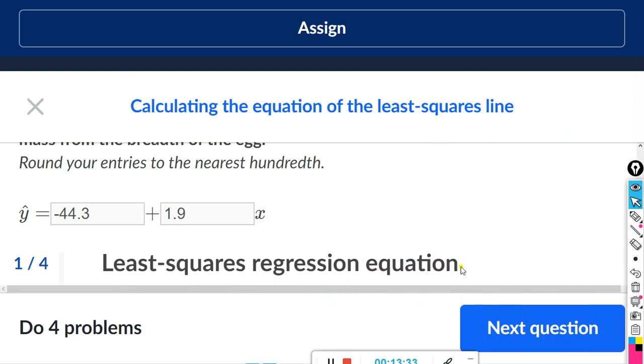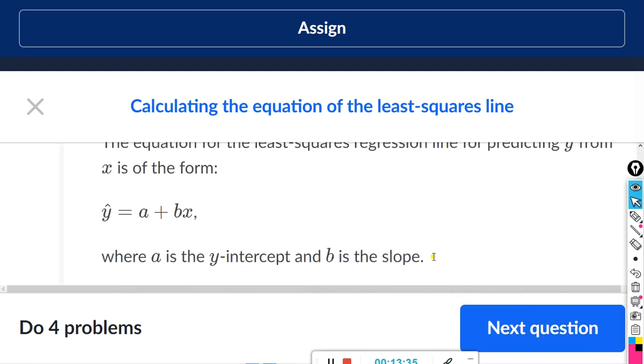And I just want to mention one thing. If you check their answers, they label it a little bit differently. I did the standard line equation y equals mx plus b, or you can say b plus mx. But they use different letters or coefficients because it's a line of best fit. It's not an actual line.